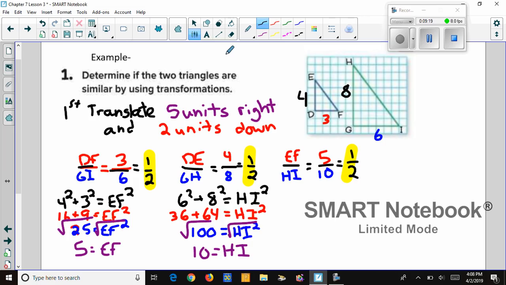That means that these two triangles are similar. So we're going to make the statement that says triangle DEF is similar to triangle GHI.